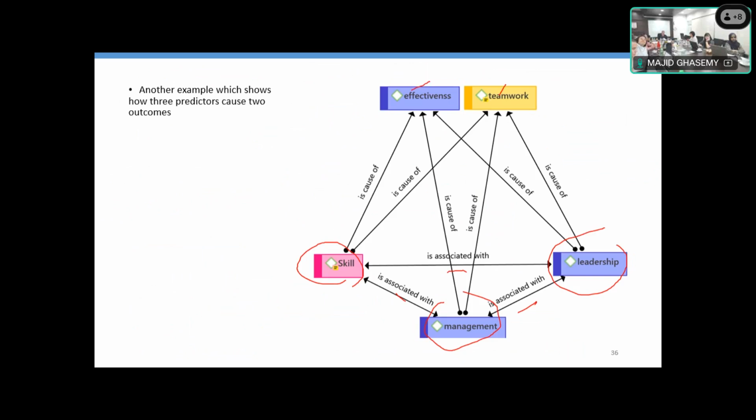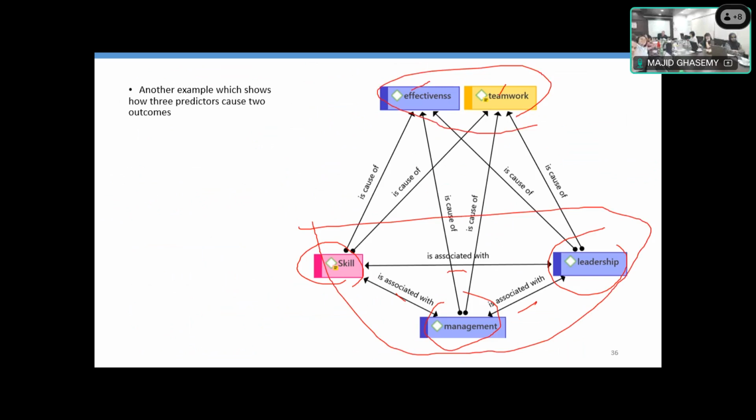So there are 3 predictors influencing 2 outcome variables. If you have some experience with quantitative analysis, this is exactly what you do there. You have predictors and outcome variables, and you try to see how they are related to one another.